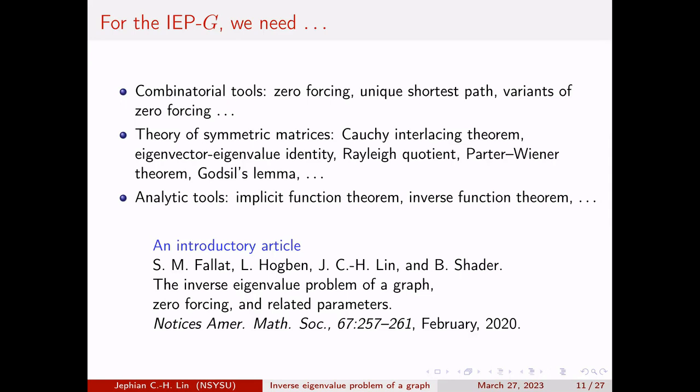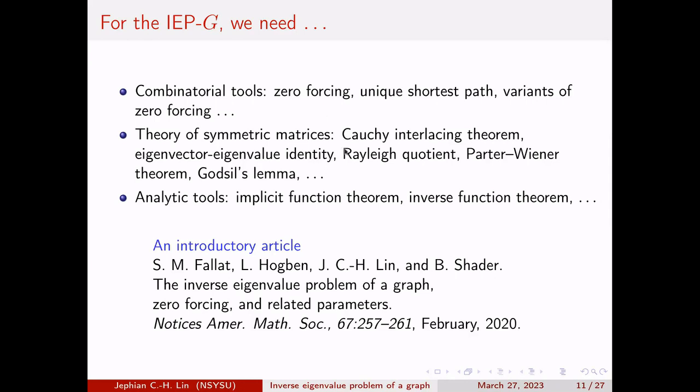I just look at the pattern, I know certain rows are independent. This technique later evolved into a technique called zero forcing. And there are some other combinatorial tools, say unique shortest path and some variants of zero forcing. Some combinatorial things can be involved.